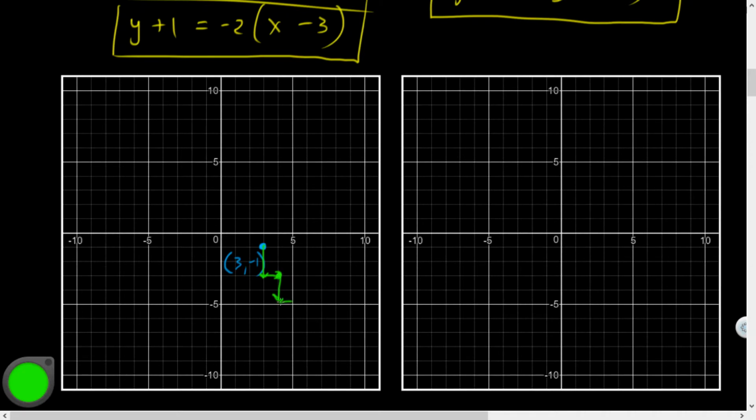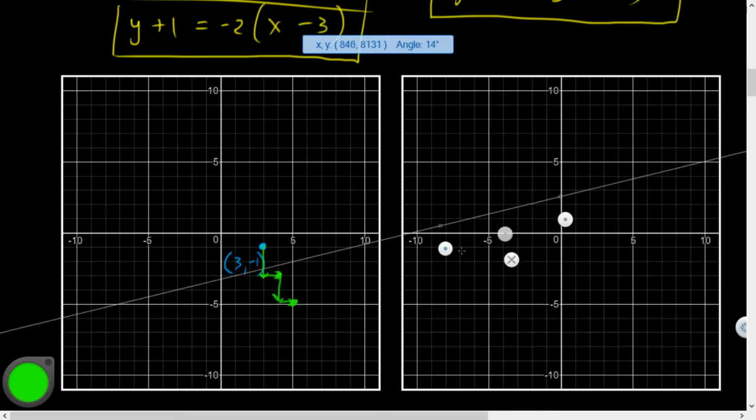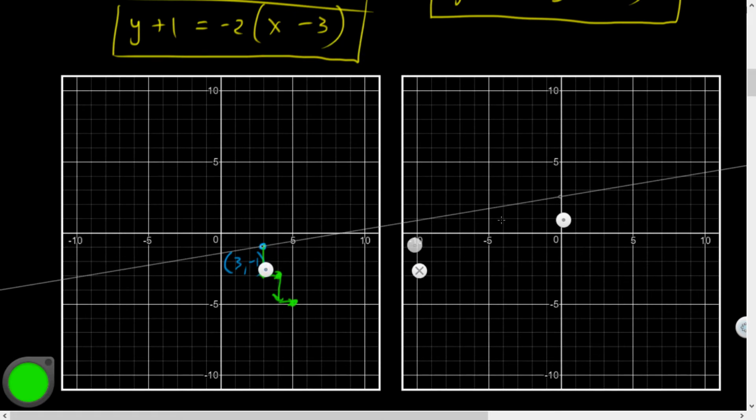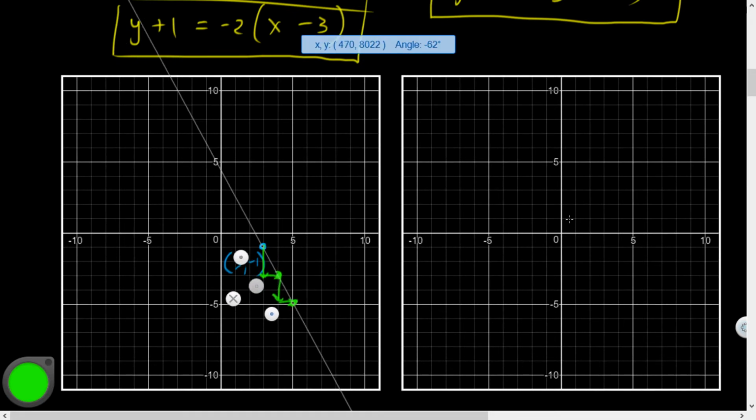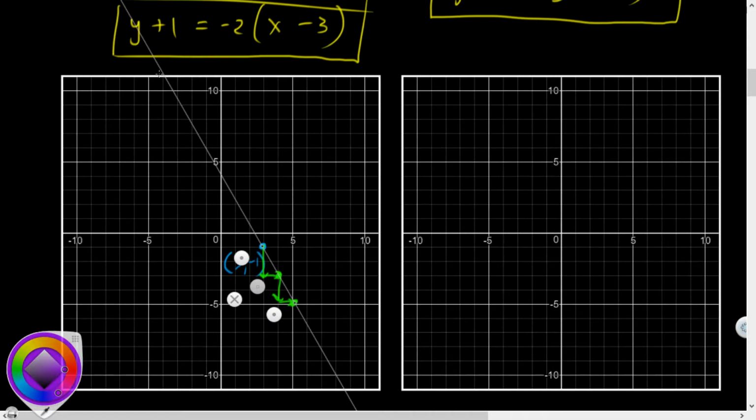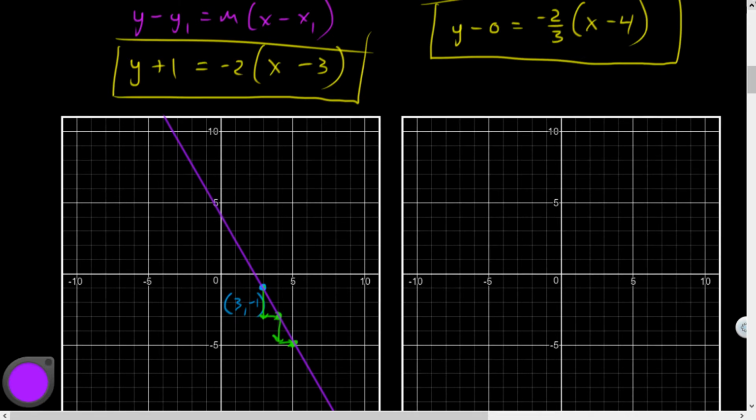Down 2 over 1. Then you can draw your line. And so what's nice about this is these equations do not require us to know the y-intercept, although they could use the y-intercept, as I think we'll see in this next example. So there's my line. Let's look at this last quick little one before we go on to example 2.